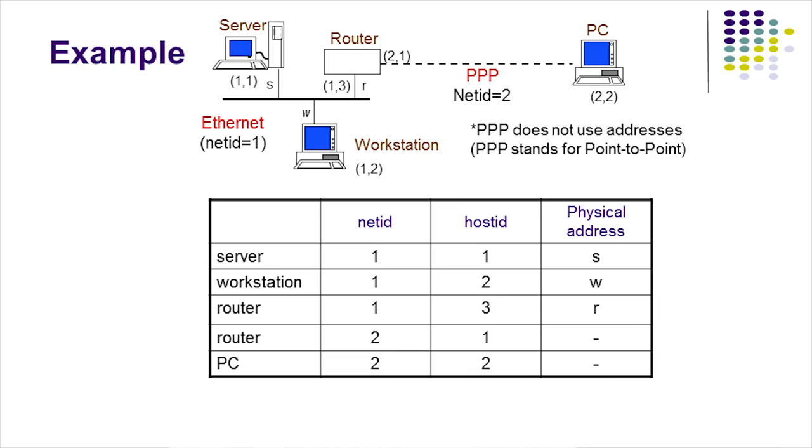In the point-to-point link, the PC has IP address 2,2, and the router has address 2,1. The router, server, and workstation have physical addresses designated by R, S, and W, respectively.